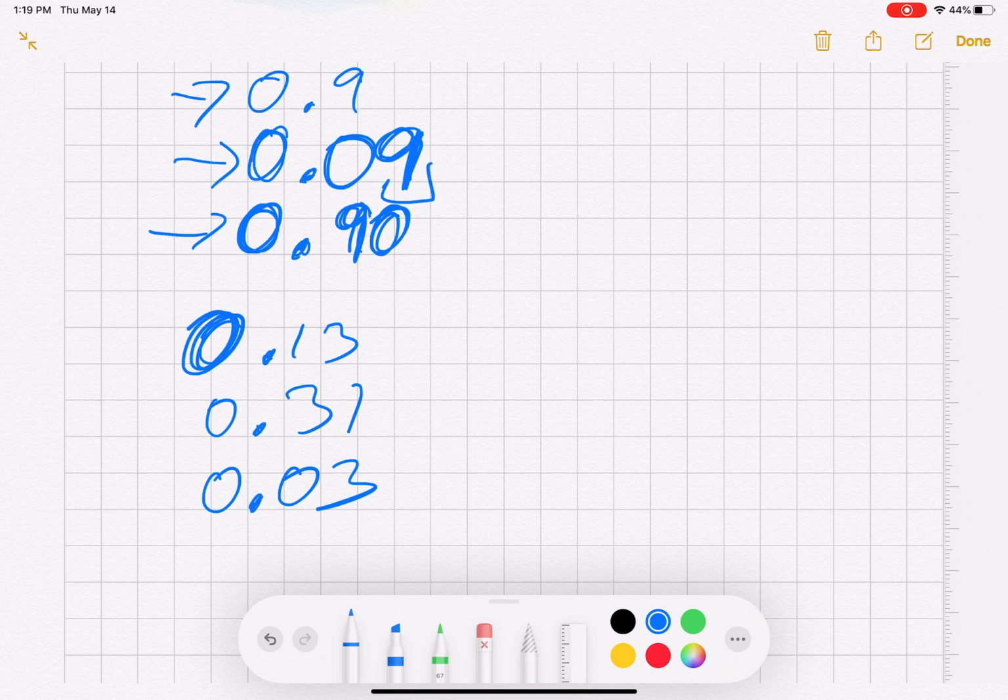So this number here is 0.13 or 13 hundredths, 0.31, or 0.03. Okay, so I do have some exercises for you, so just give them a try.